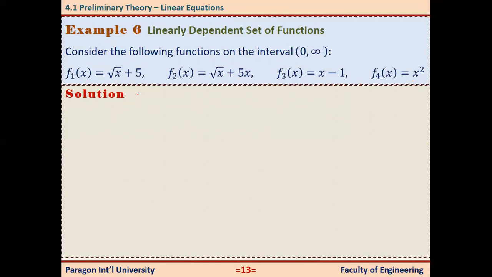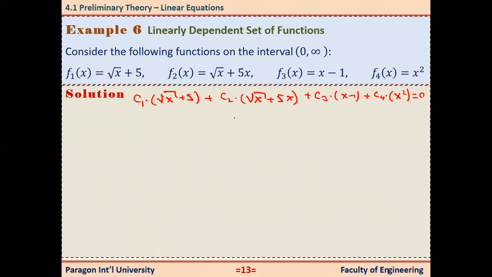Is it possible to find that c1 times square root of x plus 5 plus c2 times square root of x plus 5x plus c3 times x minus 1 plus c4 times x squared is equal to 0? So can I find the c1, c2, c3, c4, at least one of them not equal to 0? If so, then this set will be linearly dependent. Otherwise, it will be a set of linearly independent functions.